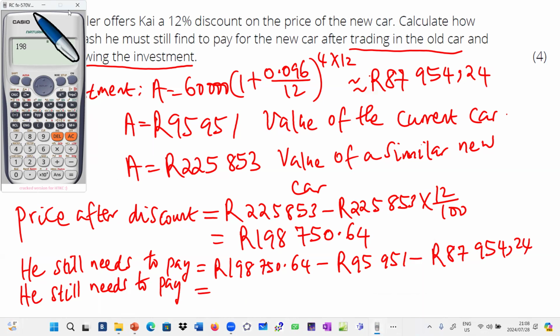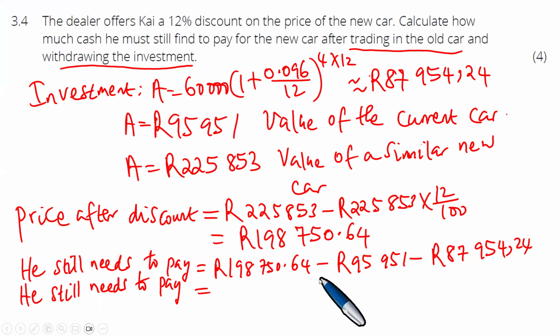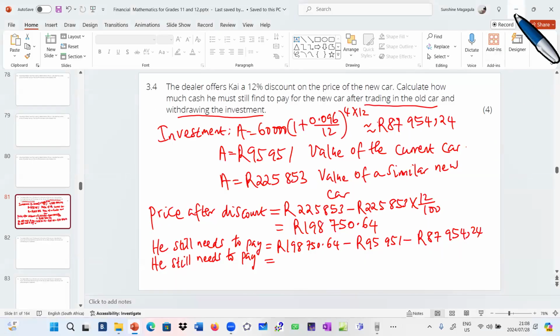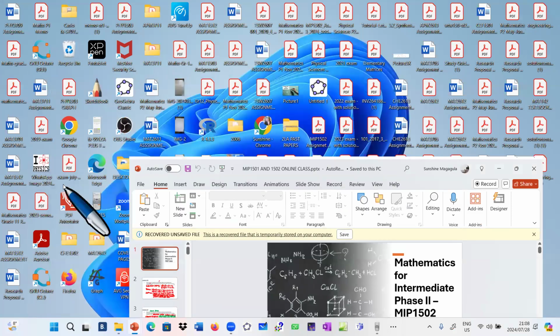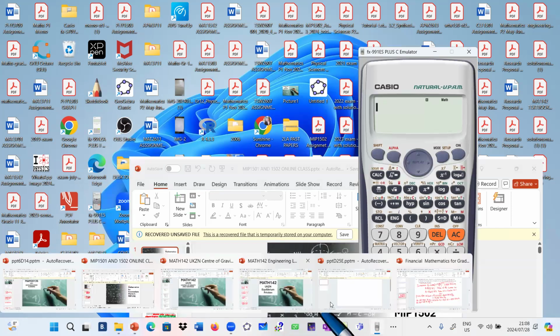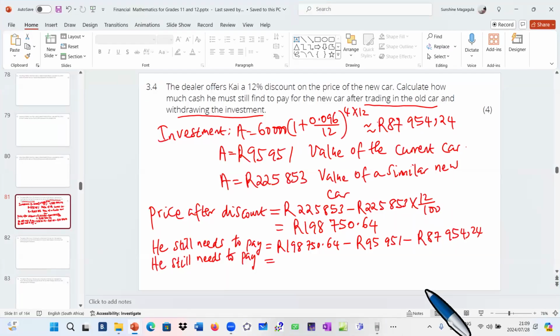I want to launch a bigger calculator. Just one second. Right, so now let us continue.